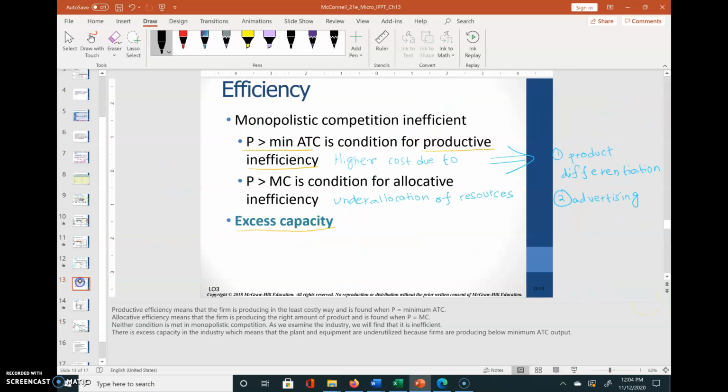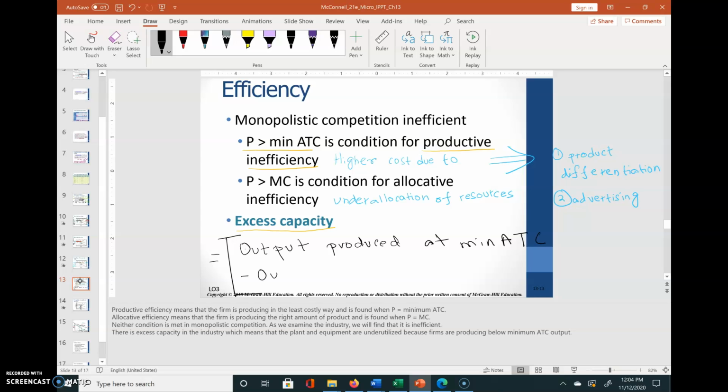So let's just go back to the slide here and I can write it better. So excess capacity is the difference between two levels of output. One is the output that is produced at minimum average total cost.